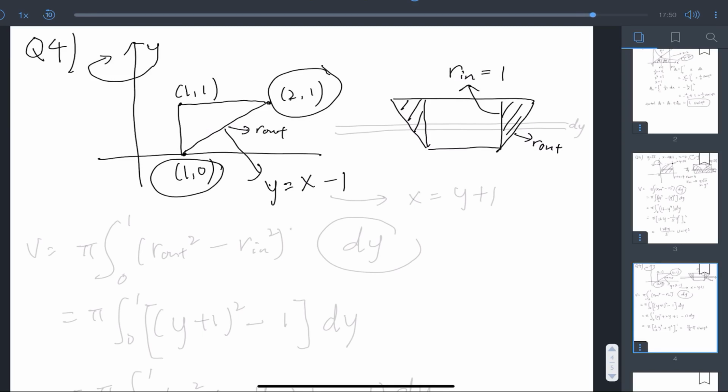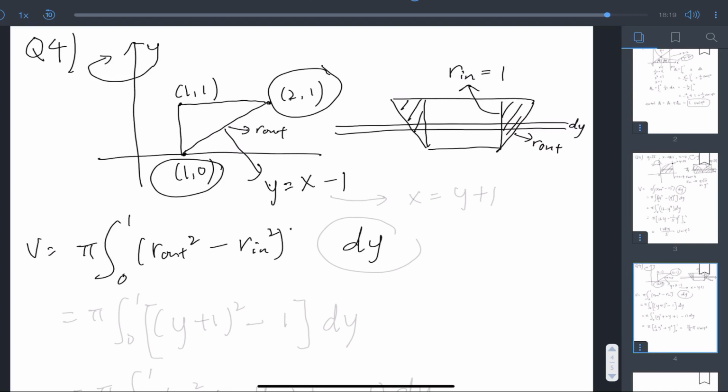Same thing, we cut this object horizontally with a small piece of dy. We sum this dy from 0 to 1. So you form the integral dy from 0 to 1 with pi. This is the volume: outer radius squared minus inner radius squared.